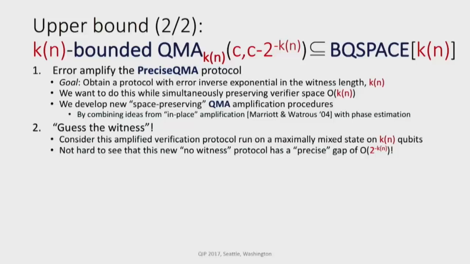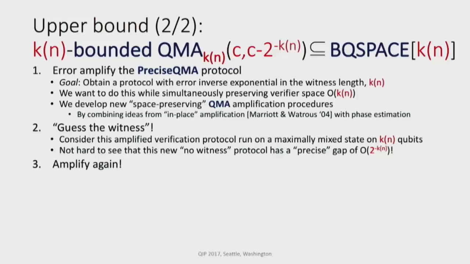But what's not hard to see is that, as long as our original error-amplified protocol had error that was inverse exponential in K of n, this new no-witness protocol that simply guesses the witness at random has a precise gap. So the completeness minus the soundness is bounded by an inverse exponential in K of n.